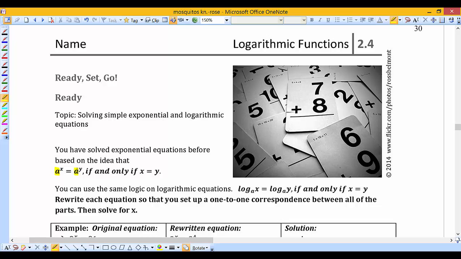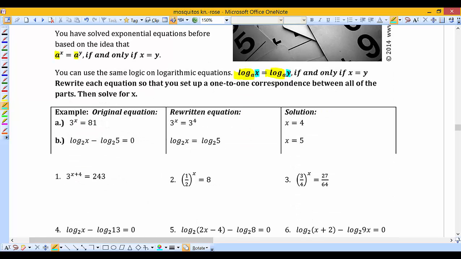It's very similar with logs. If I have a log that equals a log with the same base, I can ignore the logs and I'm left with whatever value is with the log. So as you guys are working through your ready, that's what we're going to be using.